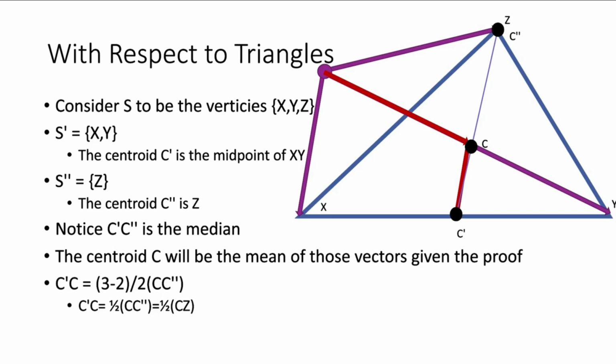From that point, we could use that n is equal to 3 as x, y, z is 3 points, and k is equal to 2 as S prime is 2 points, to show that C prime C is equal to 1/2 of C double prime, 1/2 of CZ.